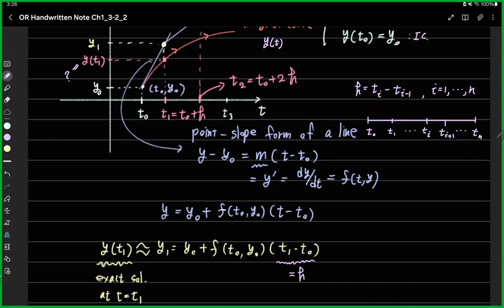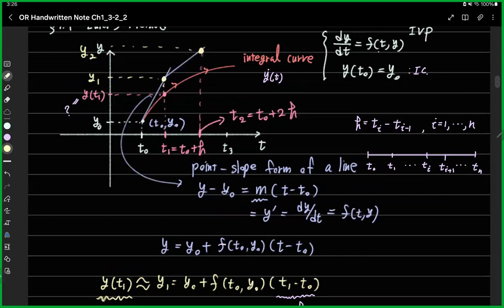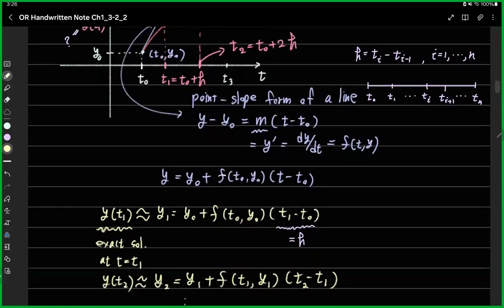So here's a question, okay. I mean, this is kind of a side story. That integral curve, yeah, it looks normal and regular. But what if the solution behavior looks like this?